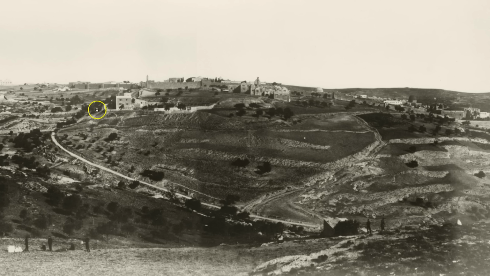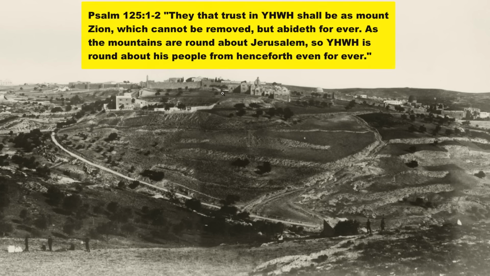And look at this mountain. This is one of the highest peaks in this area, and there are mountains and valleys all around it. This mountain is in the center, as described in the Psalms.